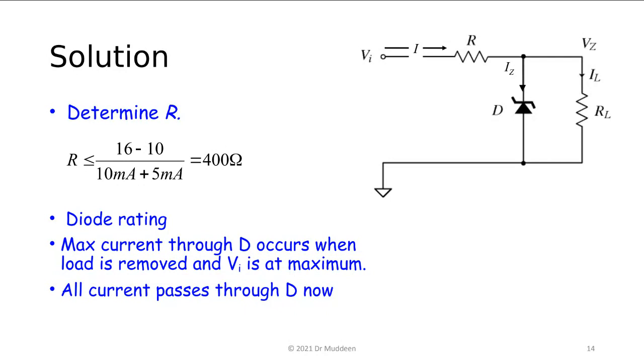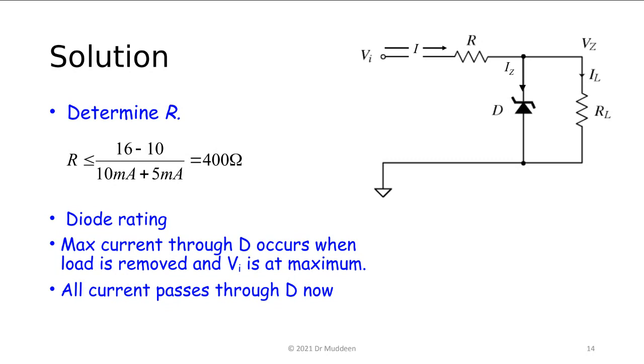The other thing that we have to look at now, we have to go back to the diode, and we know that the diode is a 10 volt diode. That's fine, but how big of a diode? How much current is going to pass through this diode? And like resistors and other devices, they normally give you some specs on the diode, and one of the things they would tell you is the wattage rating of the diode. So the diode has a voltage, and the current rating through the particular diode will allow you to determine the power dissipation going to pass through that.